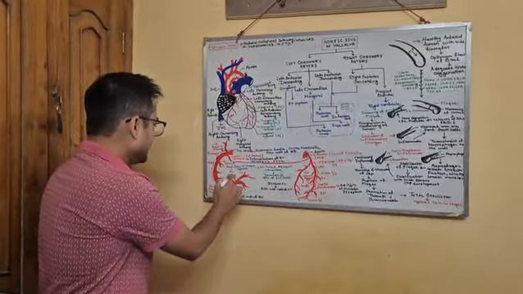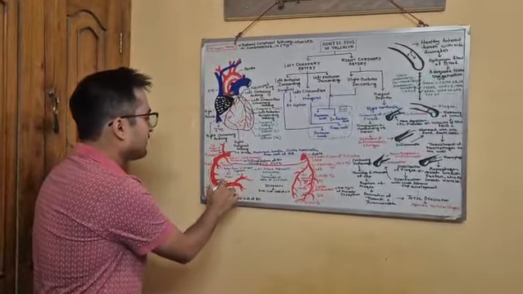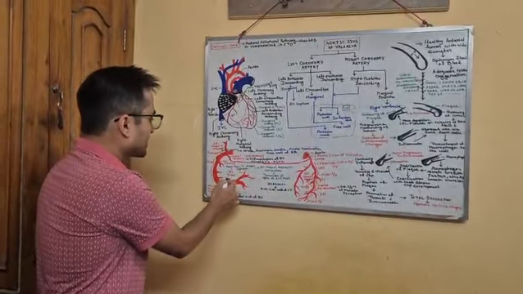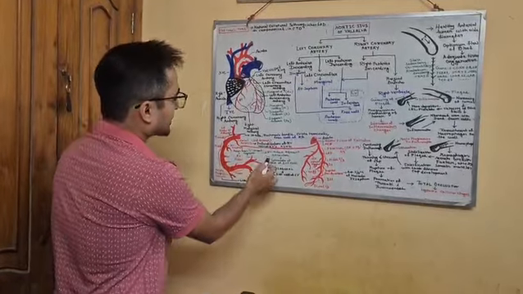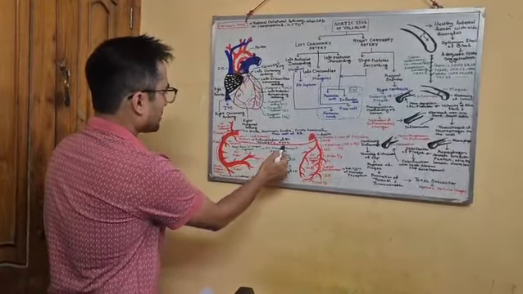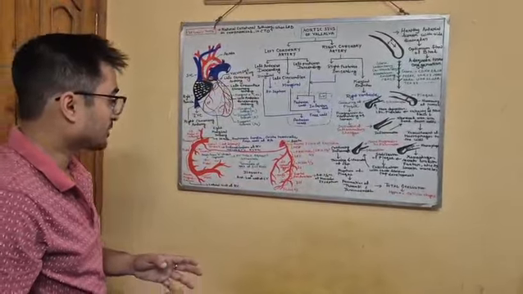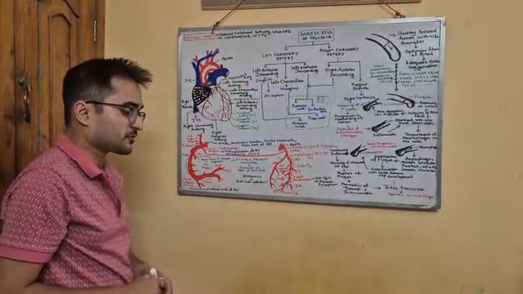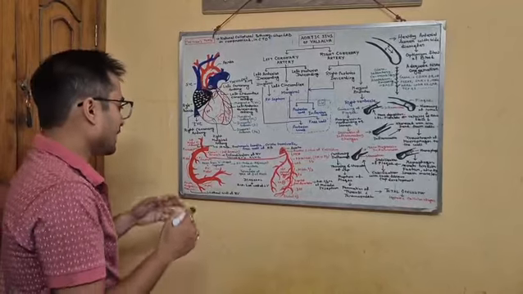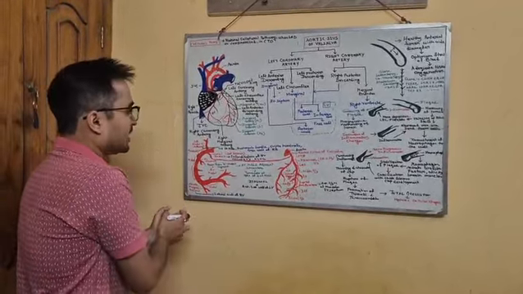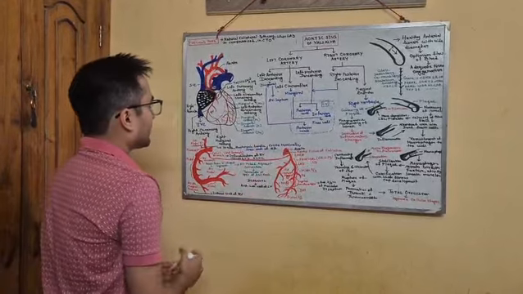Next is this branch, which is known as the AV nodal artery. As you see, it arises from the U-shaped segment, and it supplies the atrioventricular node and adjacent structures, and it finally terminates at the apex of the triangle of Koch. Now, after the discussion of the right coronary artery, we should consider the left coronary artery.